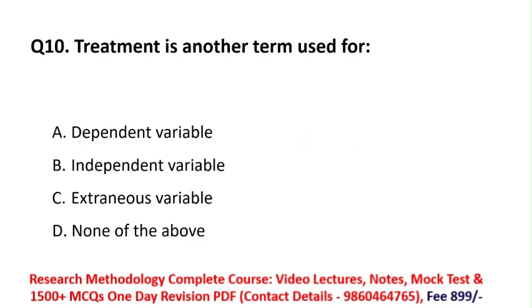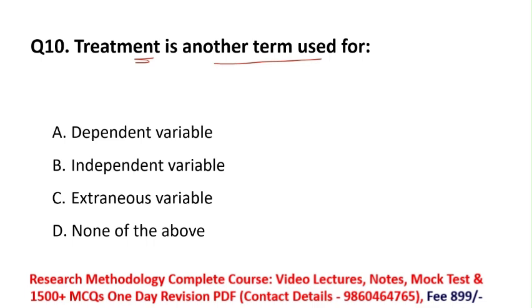Next, treatment is another term used for. So in this question, what they are asking is: this word treatment variable is another name for which variable? Dependent variable, independent variable, or extraneous variable.